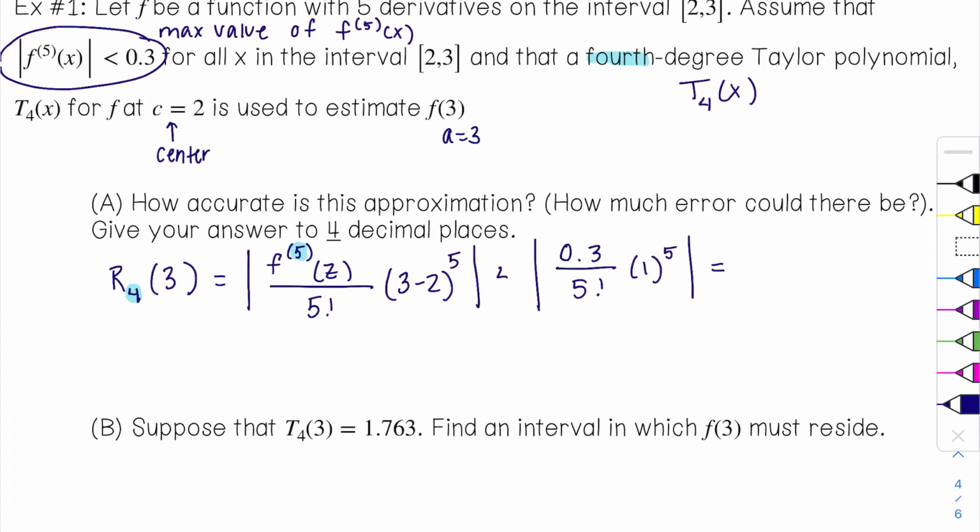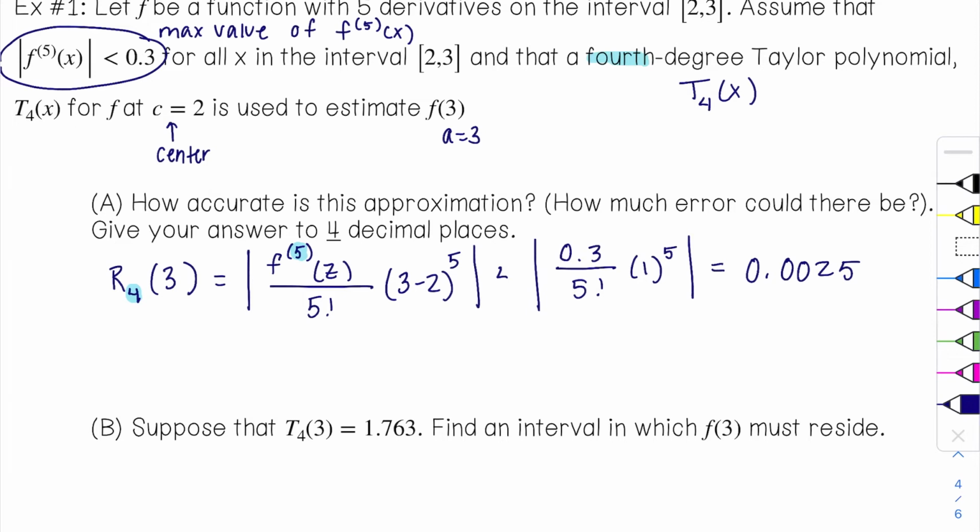All right, so if we grab our calculator, we're going to do 0.3 divided by 5 factorial times 1, so that doesn't even matter. We're going to get an error of 0.0025. So that's the maximum error in our approximation. It's pretty close to the actual value.